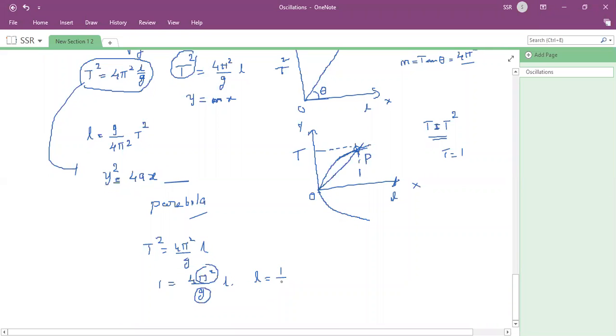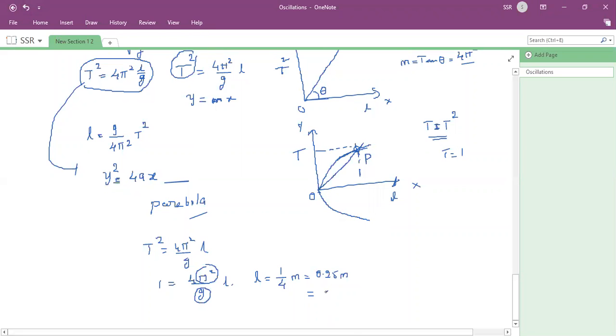Then L equals 1 by 4 meter, that is 0.25 meter, which is equal to 25 centimeter.